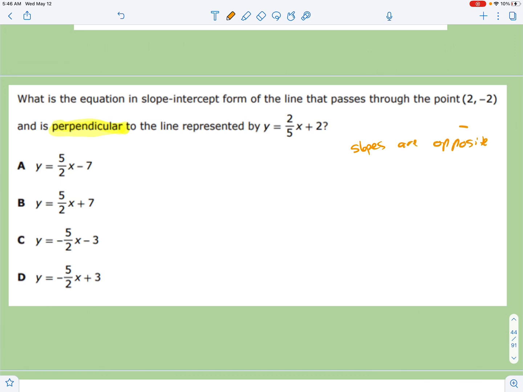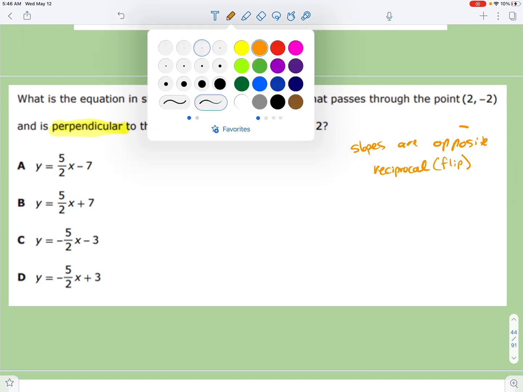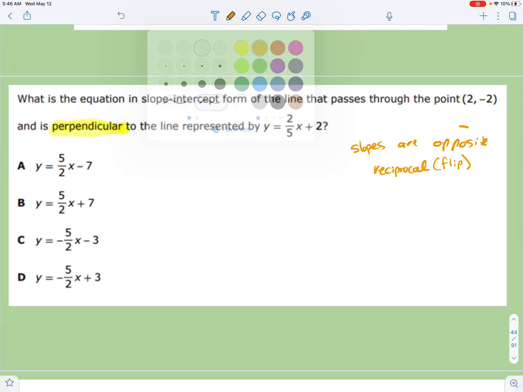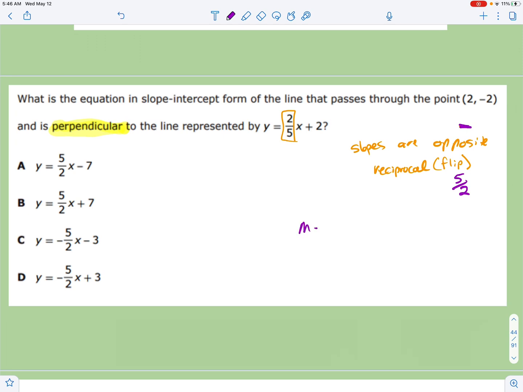That means opposite sign and reciprocal slope. So that means you flip the fraction. So instead of 2/5, we got to change this to -5/2. So the slope is -5/2.